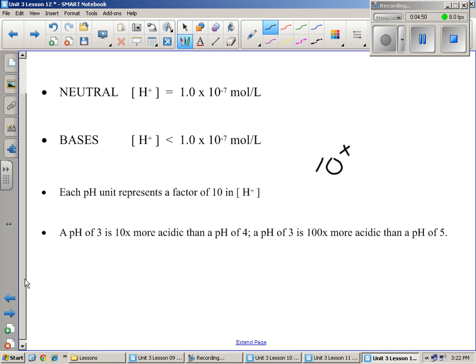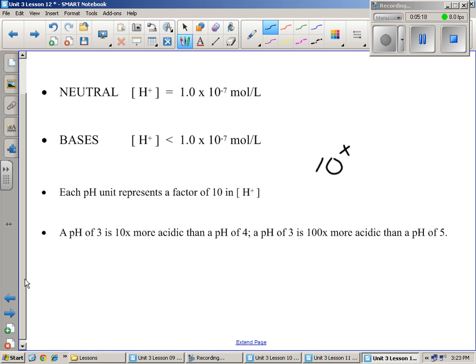If you had a pH of 3, that is 10 times 10, 100 times more acidic than a pH of 5. Every time you go up or down on the pH scale, that is a factor of 10. You are either multiplying or dividing by 10, depending on where you're going from. Okay?